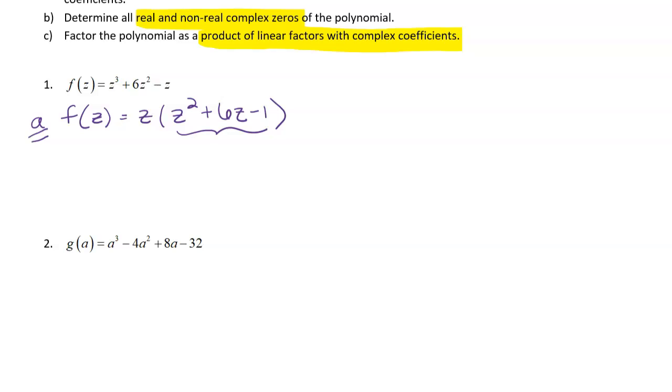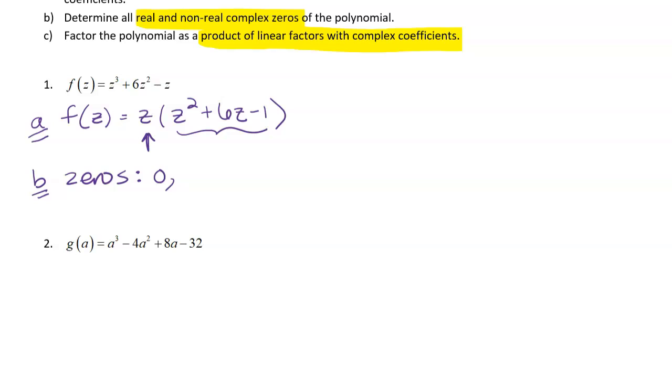Moving on to part B, they want us to determine all the real and non-real complex zeros. So for part B, I am going to list out the zeros. This z out front gives me a zero of 0. So I can go ahead and list that out.